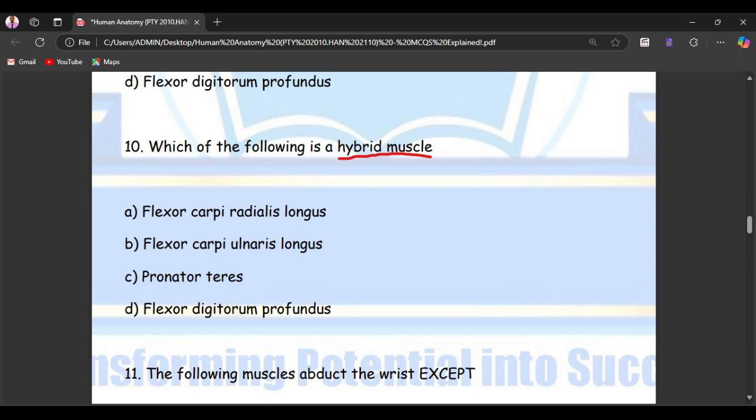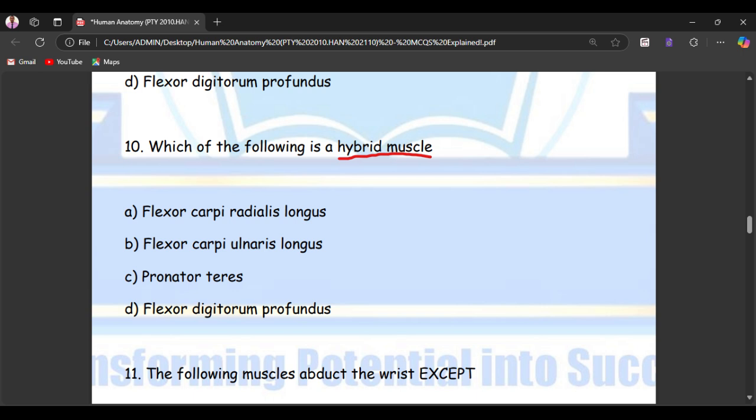Examples of hybrid muscles include the brachialis, the adductor magnus, the biceps femoris, the pectineus, the flexor digitorum profundus, flexor pollicis brevis, the iliopsoas muscle, and the pectoralis major.